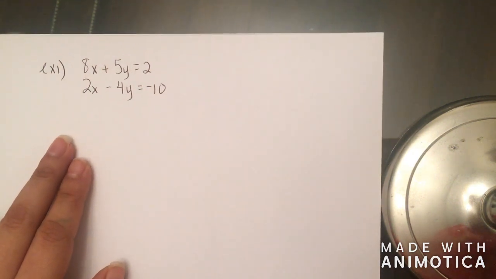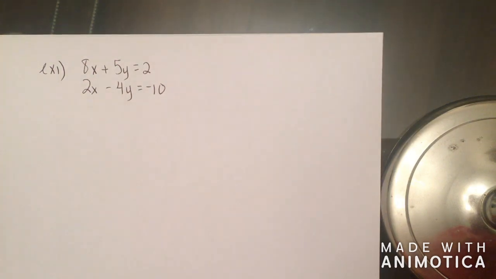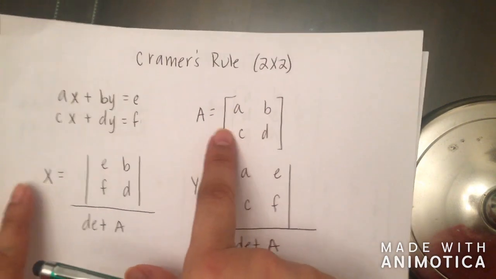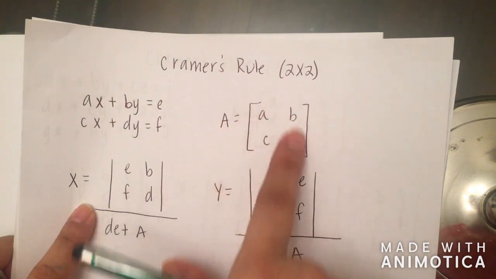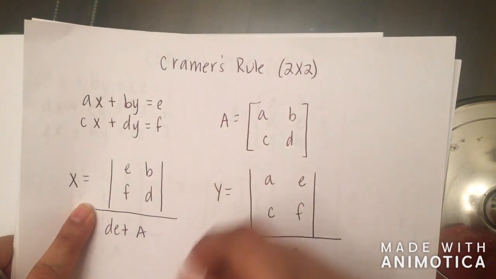Okay, so I'm going to find Cramer's rule. If you notice here, this is matrix A. Matrix A is your coefficient matrix.